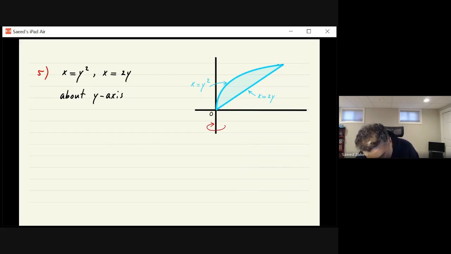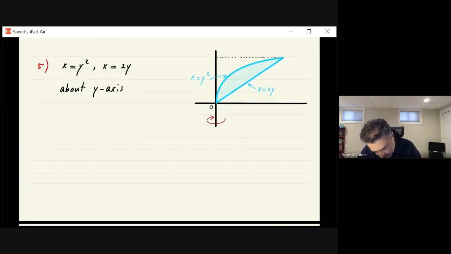And what about this endpoint? Where do you think this is? Well, I have to figure out the y coordinate there. So the way to find the y coordinate there is by setting this equal to that and solving for y. So if I set y squared equals 2y, in other words, y squared minus 2y equals 0, I can factor y.